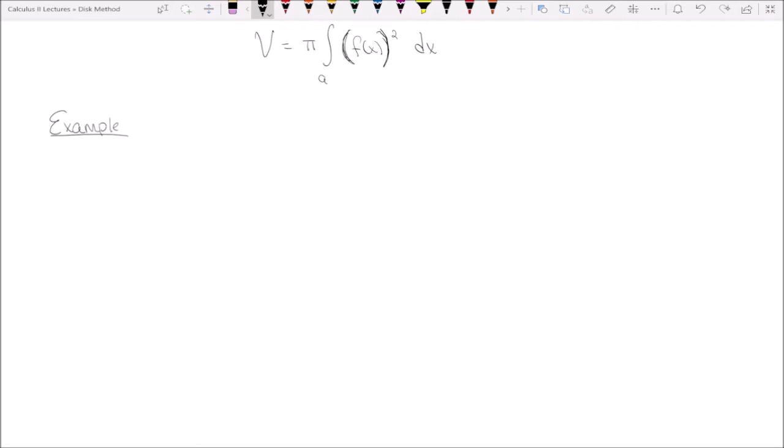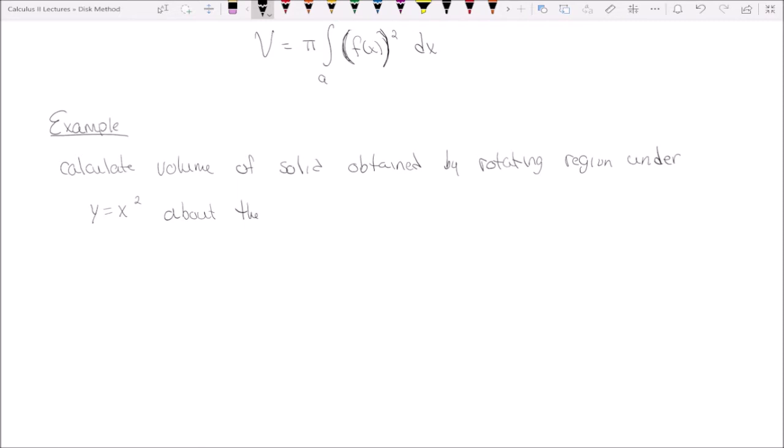Right, so let's go ahead and calculate the volume of the solid obtained by rotating the region under y equals x squared about the x-axis over 0 to 2.